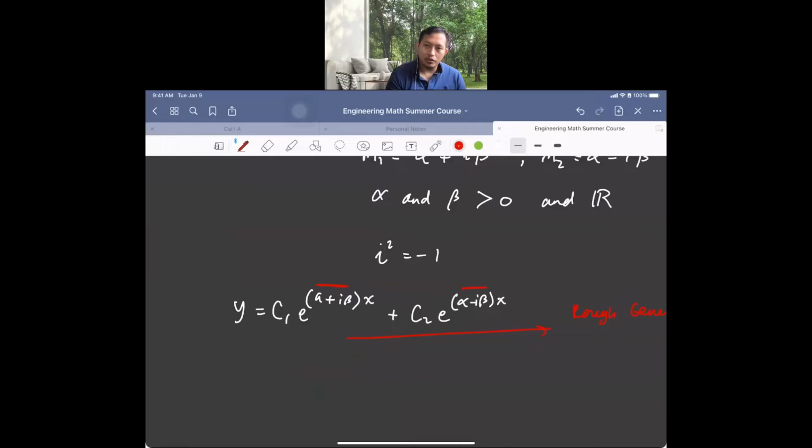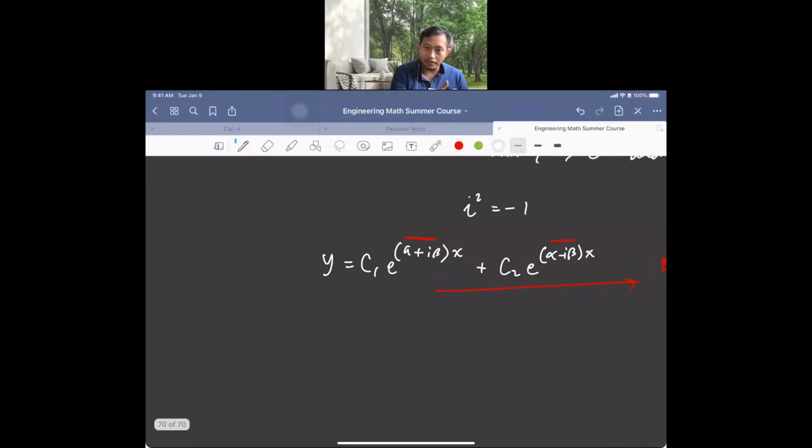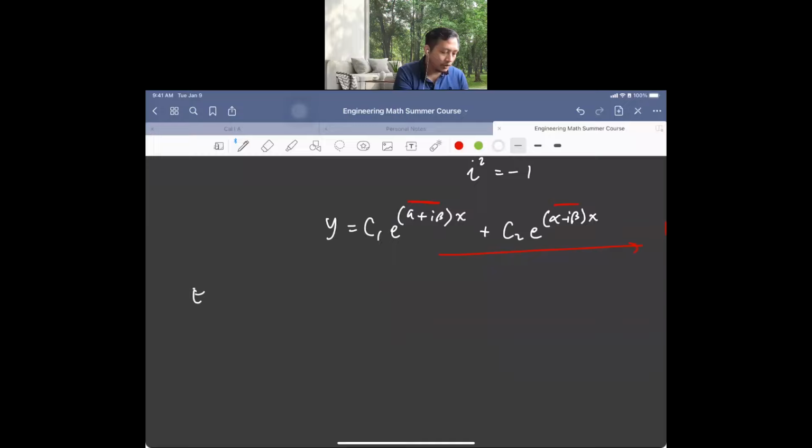And the way we are going to do this is we are going to use the Euler formula. Let me just tell you how to turn it into this form without going into a complex definition of this formula.